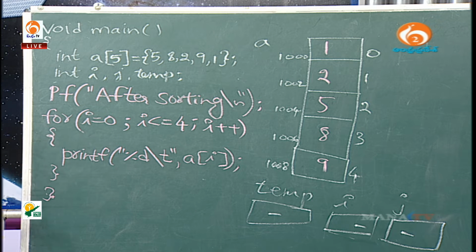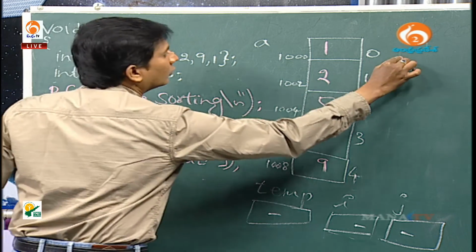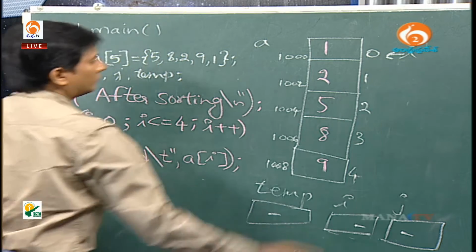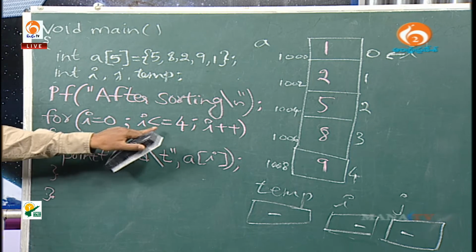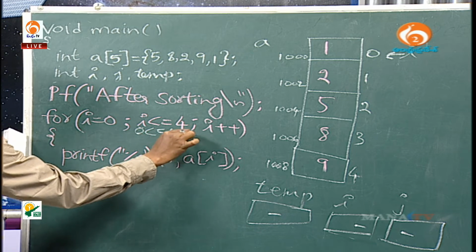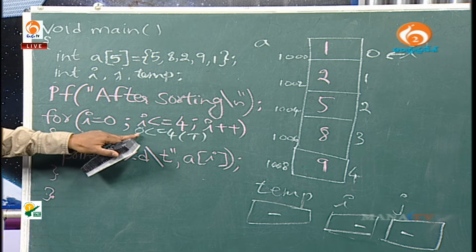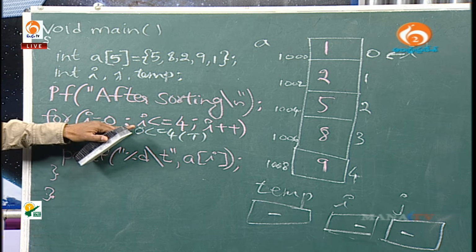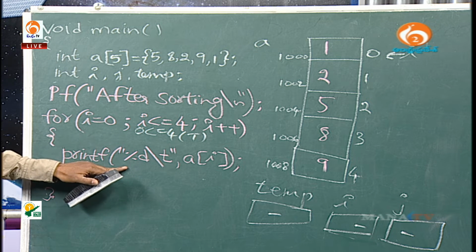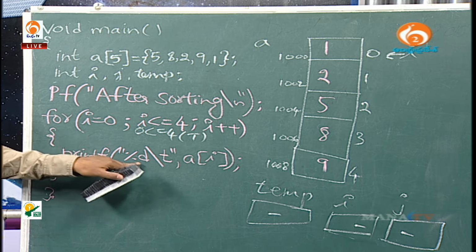First we will see i equal to 0. 0 less than or equal to 4, which is true, the condition is true. Whenever the condition is true, control enters the body of the for loop. This is the body of the for loop: printf %d A of i.